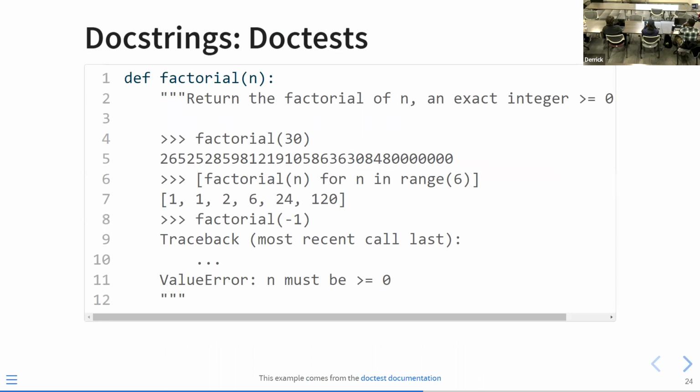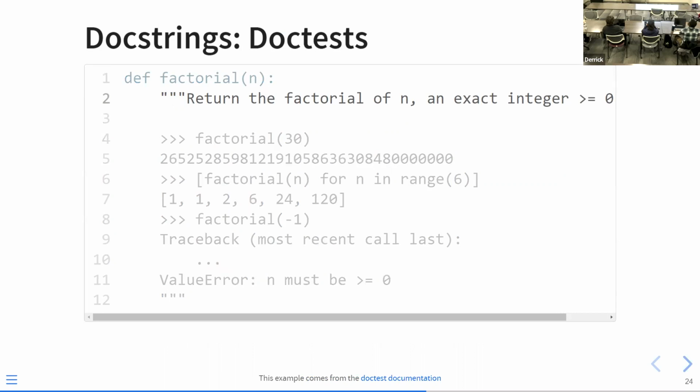All right, so here's an example of doctest. So how this works, I don't have an implementation for this factorial, but let's assume it's correct. We start off with this one line that's going to explain what the function does. And then here's some examples. So we have these three greater than signs, and then we're going to put some code that's going to be executed there.